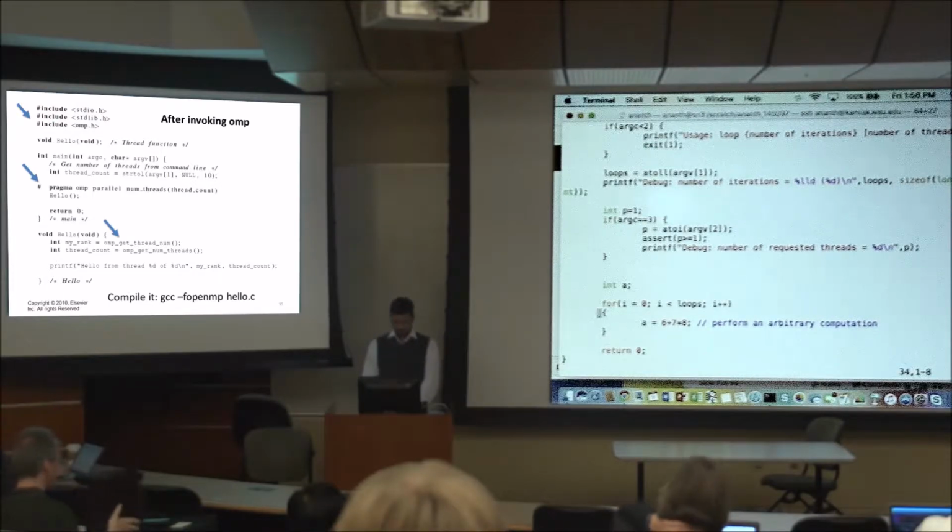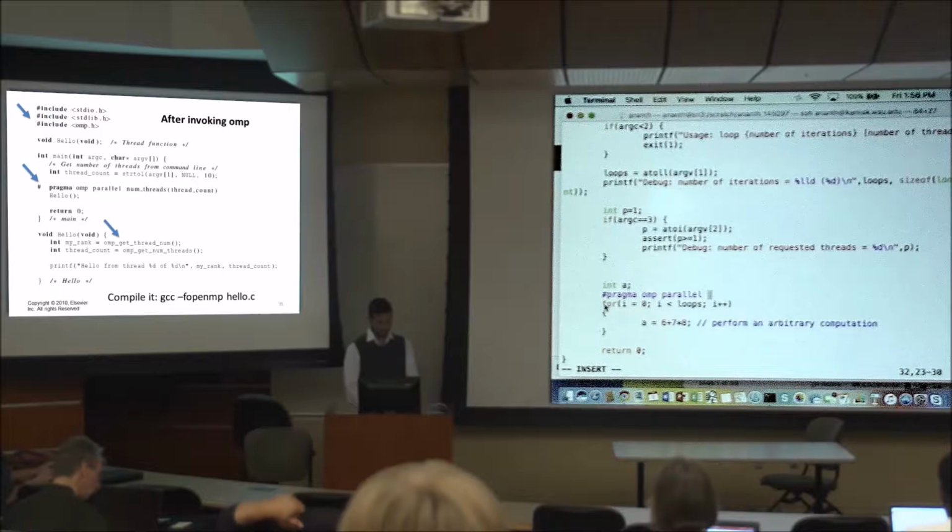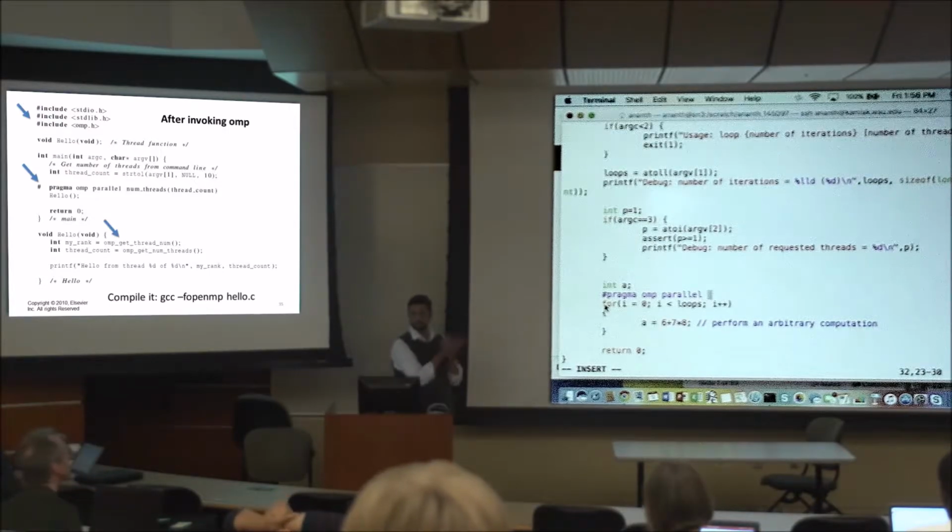So what we will do is we will specify pragma OMP parallel. Now this region that we want to parallelize is not any arbitrary piece of code, but it's a for loop, right?